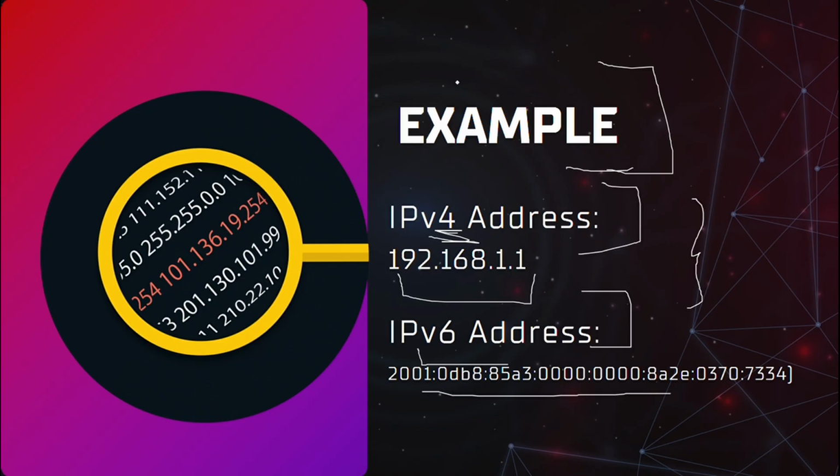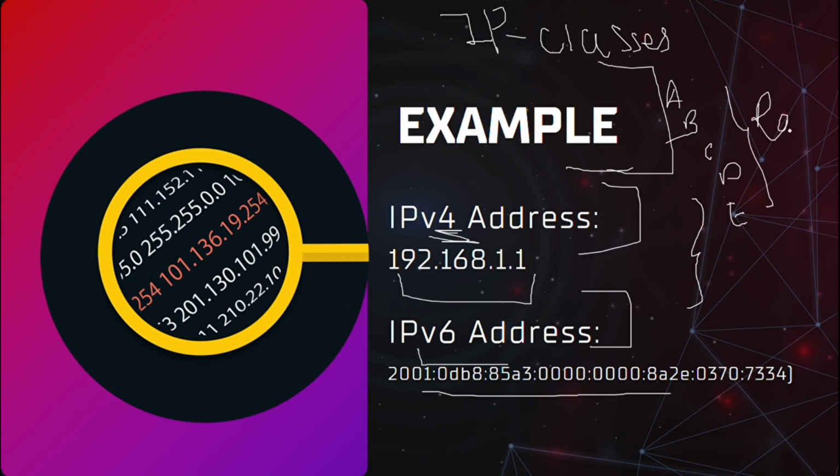Another important point is that IP has 5 classes: class A, class B, class C, class D and class E, each with their own ranges. Ranges like 0 to 127, 128 to 191, 192 to 223, 224 to 239, and the last, class E, represents the reserved part of the IP address.